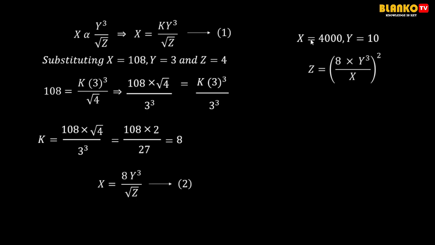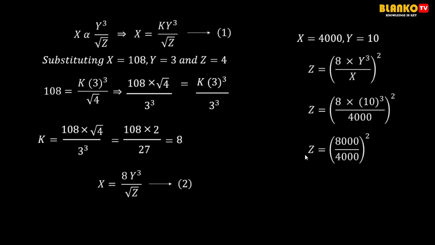So let's substitute these values into this equation. We have z equals 8 times 10 cube over 4000, all squared.